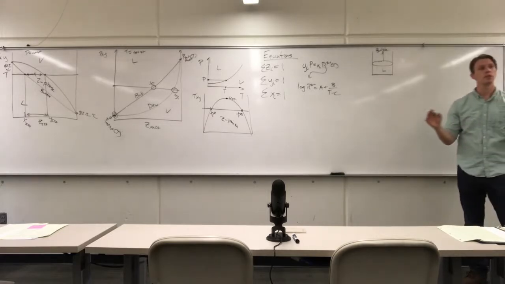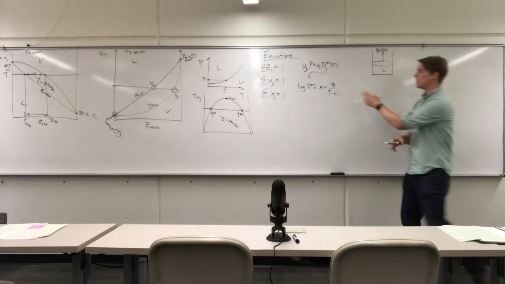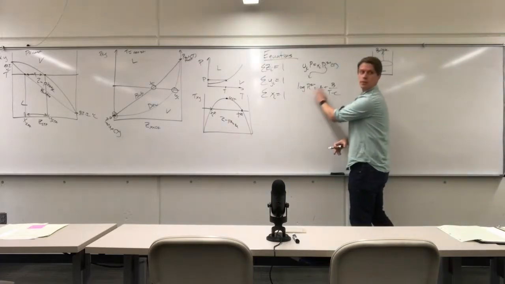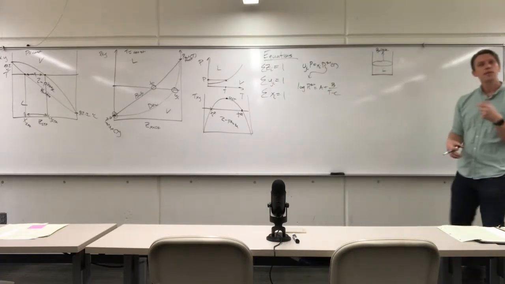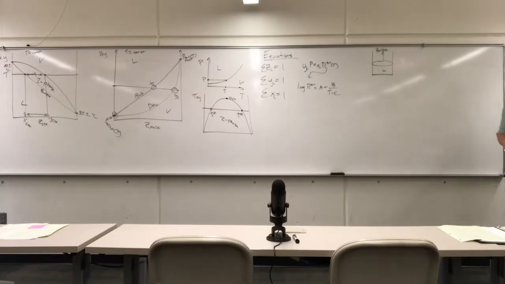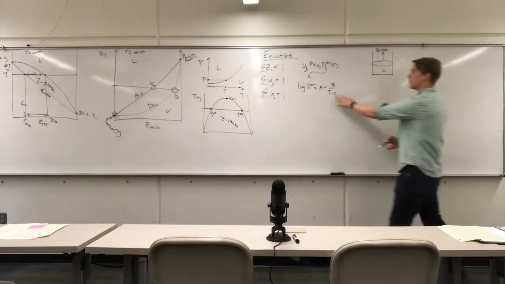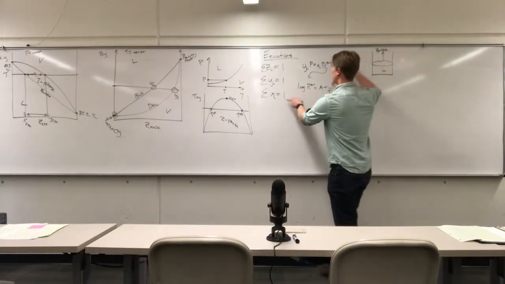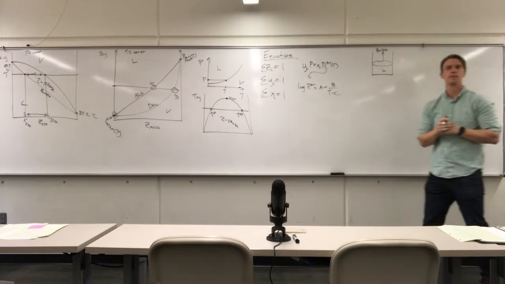PXY diagrams are always easier to generate, because temperature has an exponential relationship with the saturation pressure. So even for a Raoult's law system, it's a system of nonlinear equations if you're solving for TXY diagrams. For PXY, temperature is fixed, which means vapor pressure is fixed, which means you have a system of linear equations.